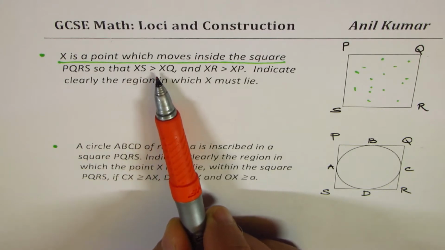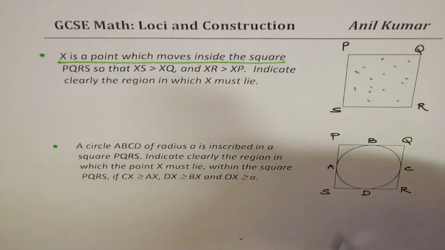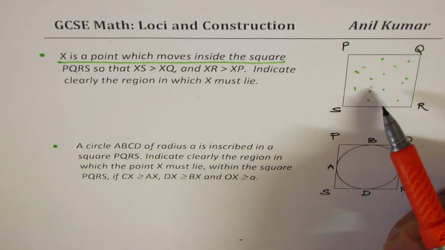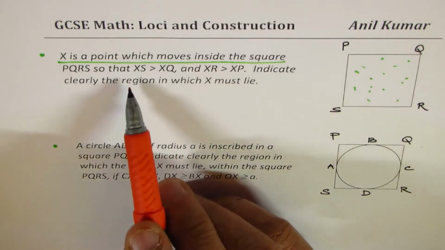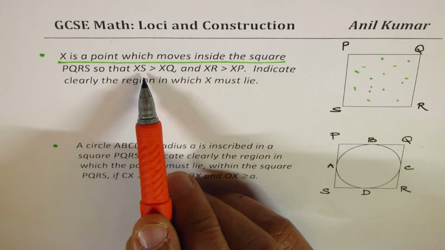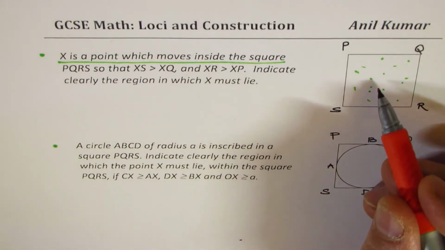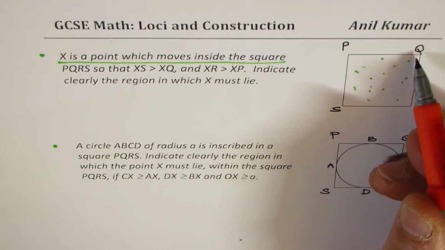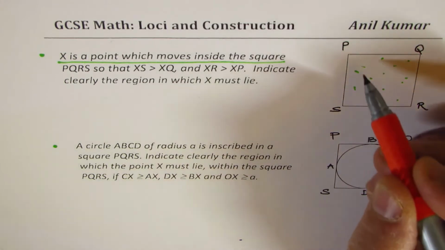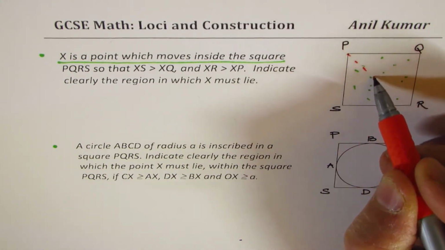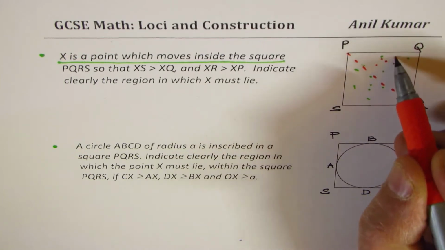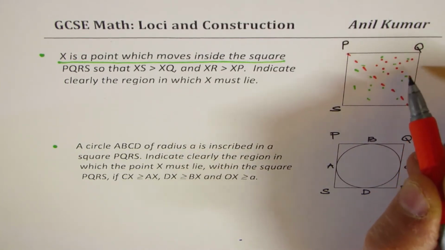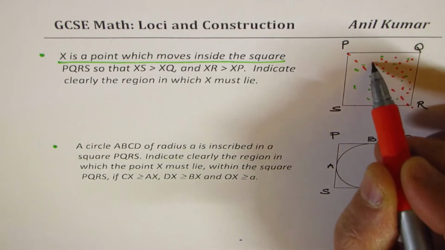XS is greater than XQ. That means the points which are possible solutions are the ones closer to Q rather than S. So if I join these two points with the diagonal, then we are looking for this portion.